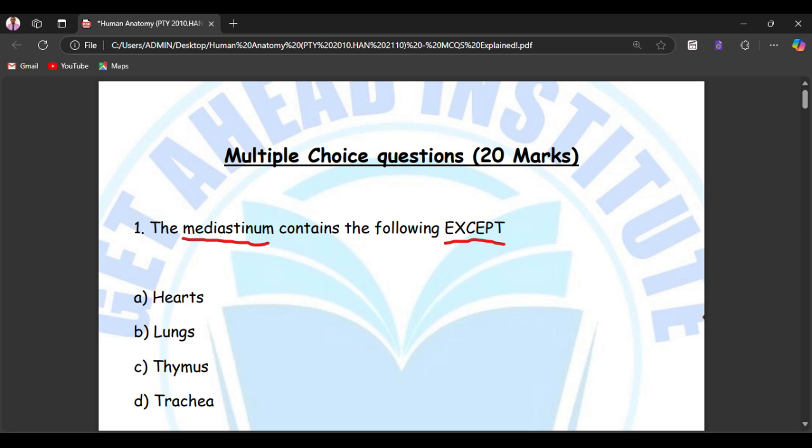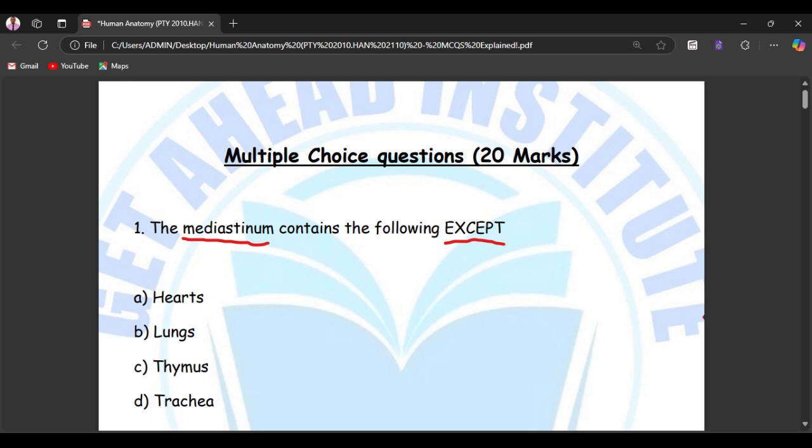So our answer to question number 1 is B, in the sense that, as we are aware, the mediastinum is basically the central compartment of the thoracic cavity. It does not contain the lungs.